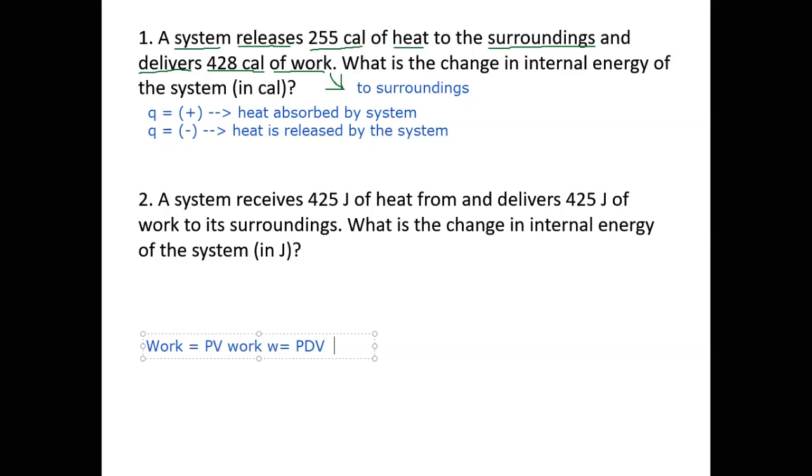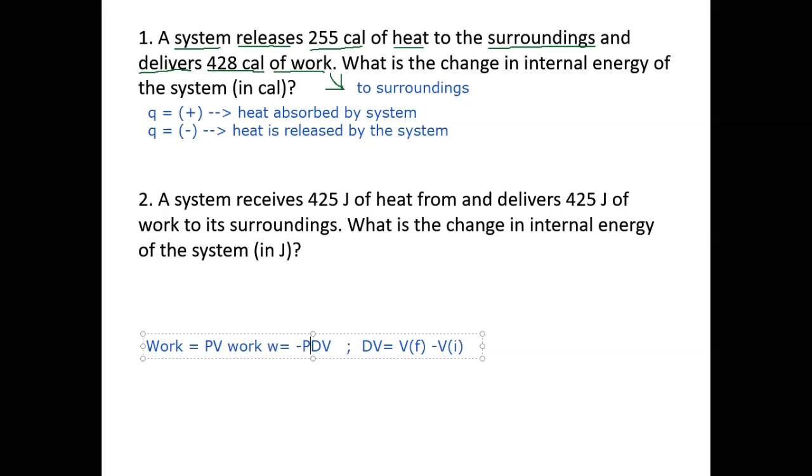Remember, delta V is V final minus V initial. So whether the system is expanding or contracting will tell us the sign of work.